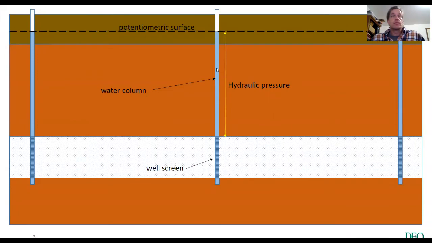Just to illustrate some basic ideas here, this is a very simplified cross-section of a confined aquifer in, let's say, the coastal plain. And this orange is clay, and this white is sand. And we have 3 wells here that are all drilled in the same aquifer, and they're open.